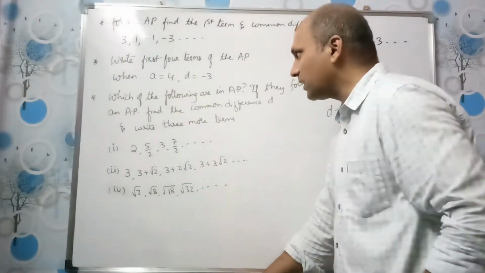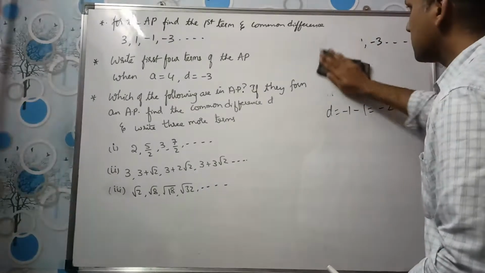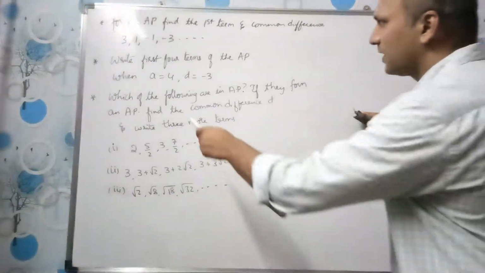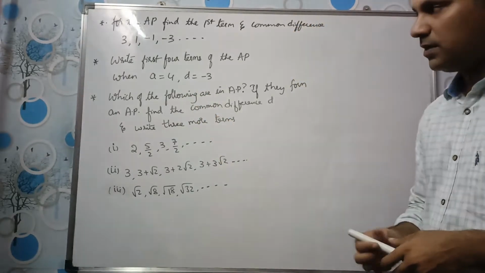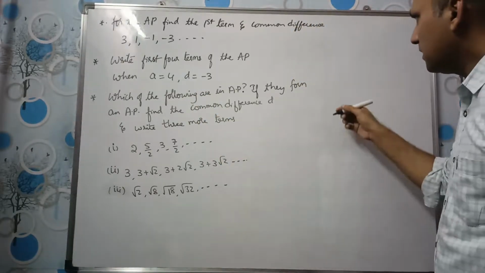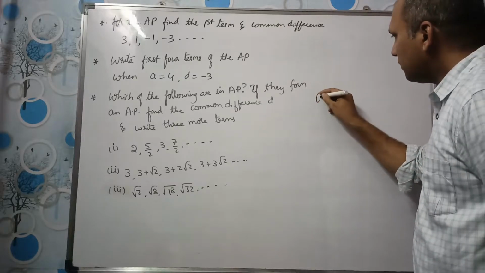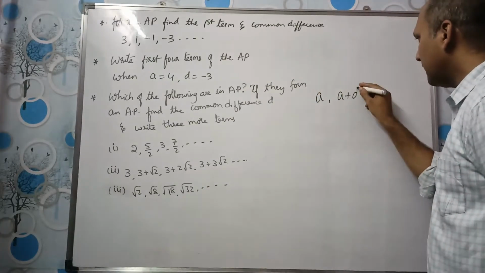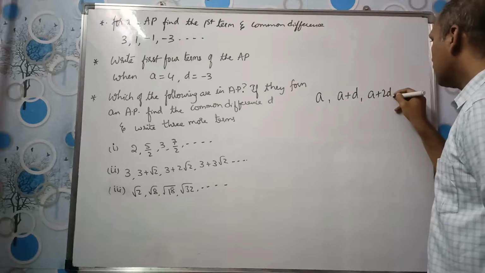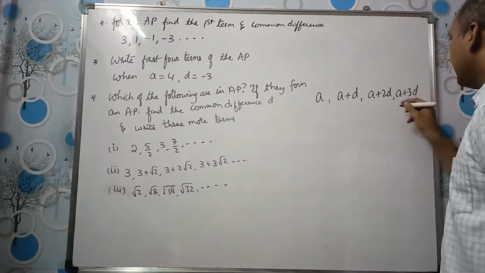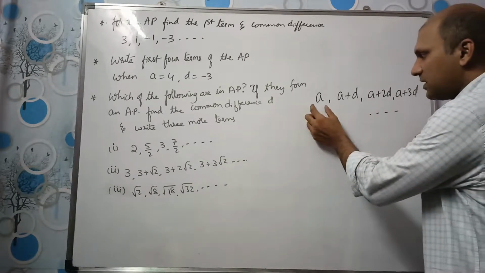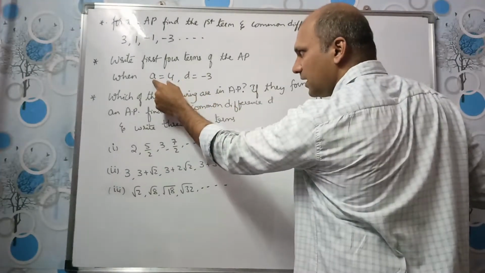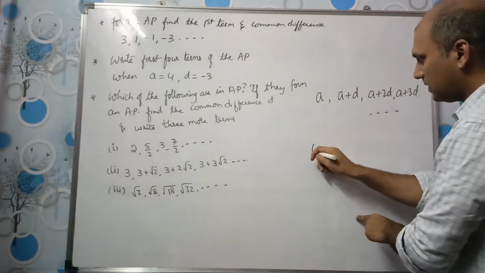Let us do the second one now. Write the first 4 terms of the AP when A is equal to 4 and D is equal to -3. We need to write the first 4 terms. See, the general form of AP is A, A plus D, A plus 2D, A plus 3D, and so on, right? First term is A. What is given to us? A is given, so this is 4.